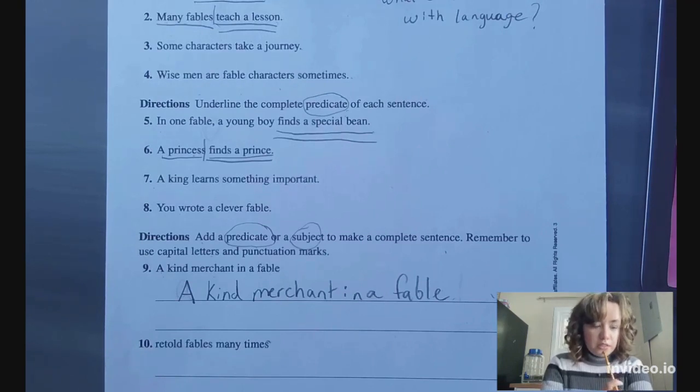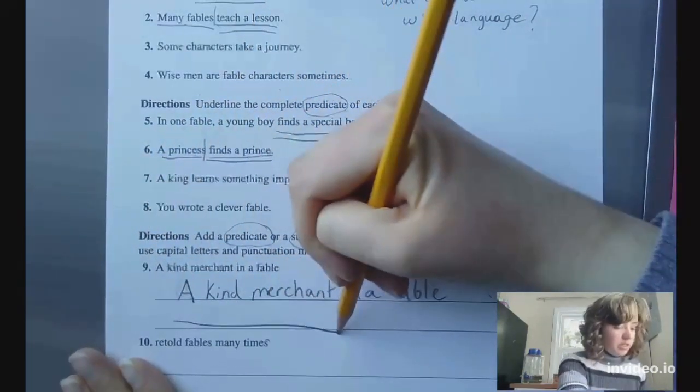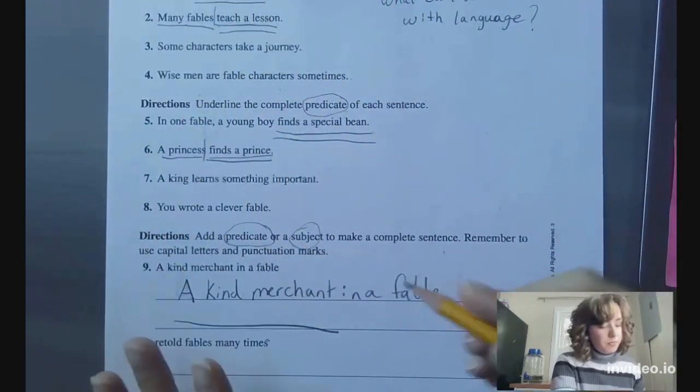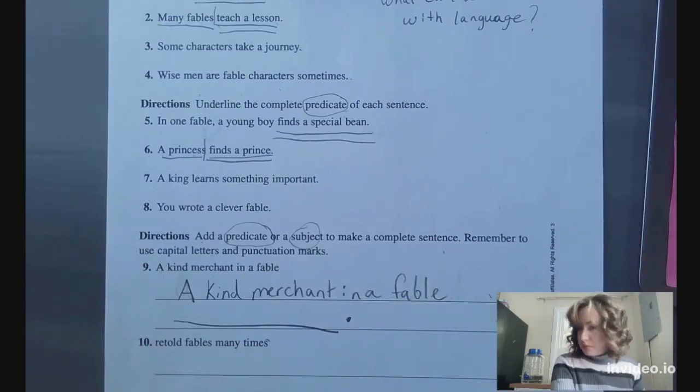What would you like to write down for your sentence? You can write down whatever you'd like, and then at the end of what you write down, you're going to need to include the punctuation. The punctuation in this case would be probably a period, but it depends on what you're writing down.